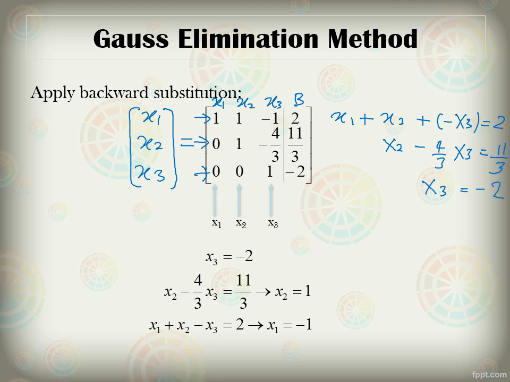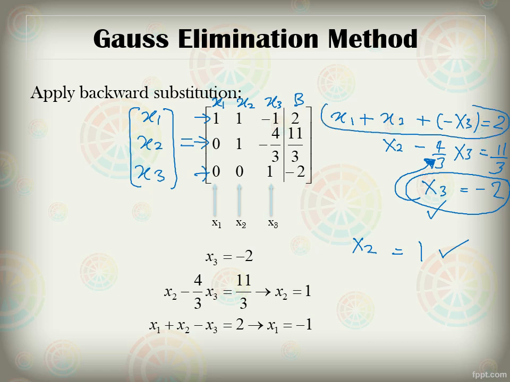Okay, so one of the unknowns is already solved. x3 we know is equal to minus 2. We can substitute this into the second linear equation and we can solve for x2, where x2 is equal to 1. Okay, now we have x3 and x2, so we can solve for the first linear equation.